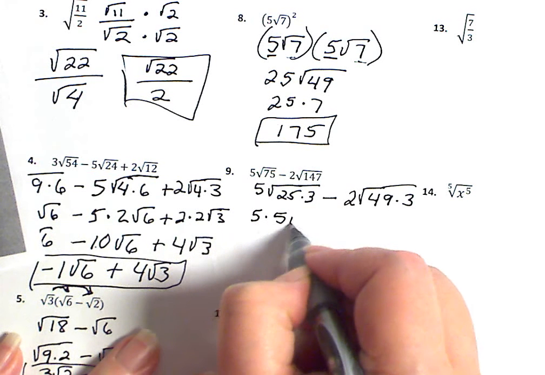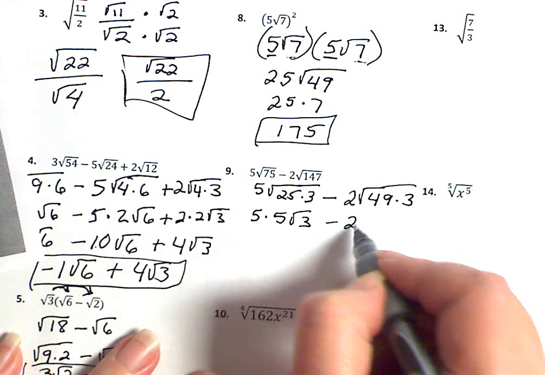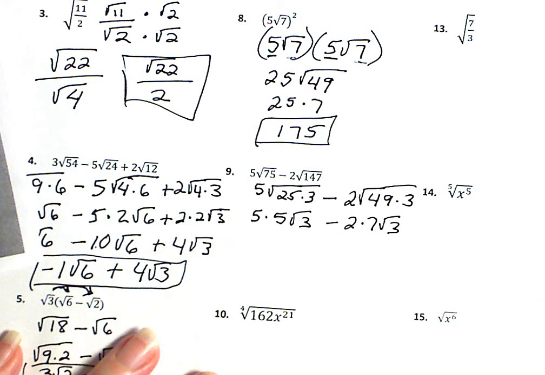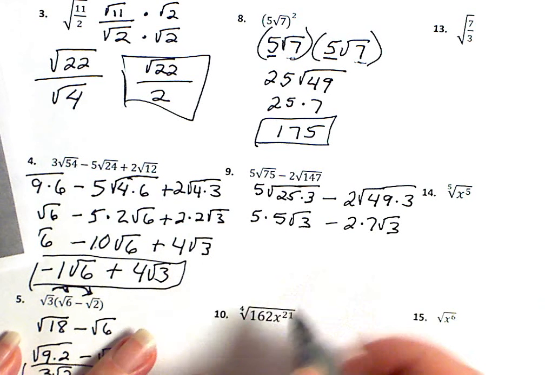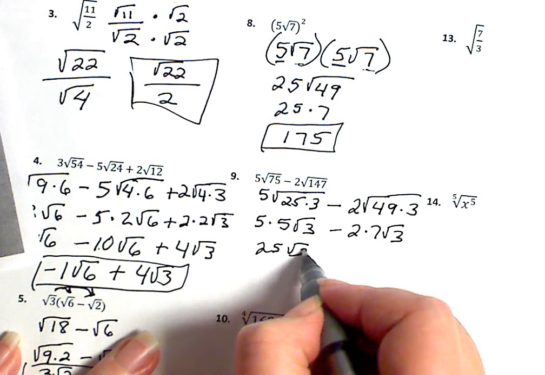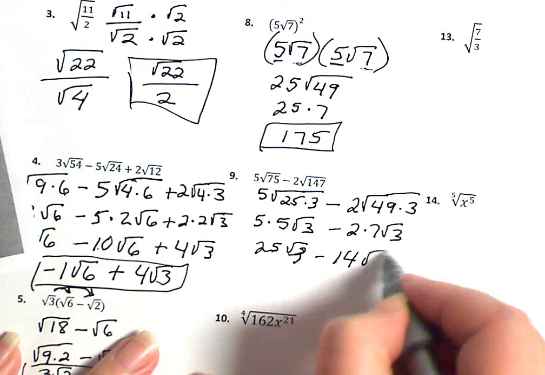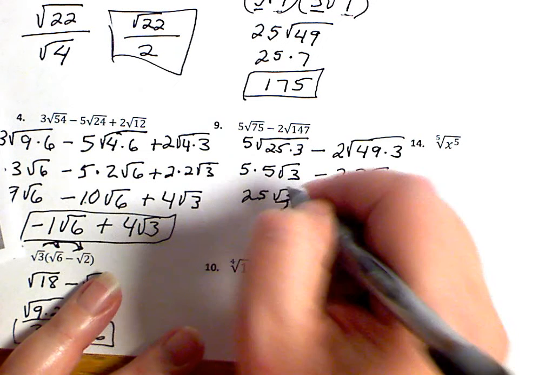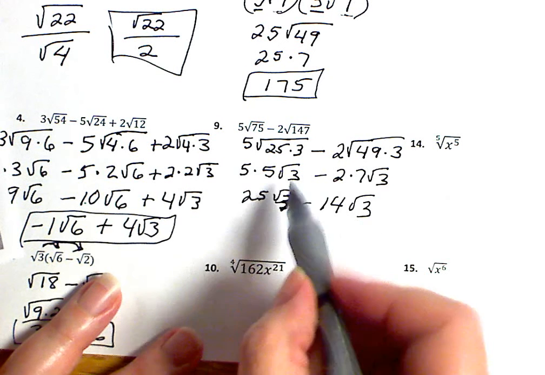Square root of 3. Minus 2 times 7 square roots of 3. Remember that this means multiplication, so when it came out, it's multiplication. So 5 times 5 is 25 square roots of 3. Minus 2 times 7 is 14 square roots of 3. This is a 3. This is a 3.